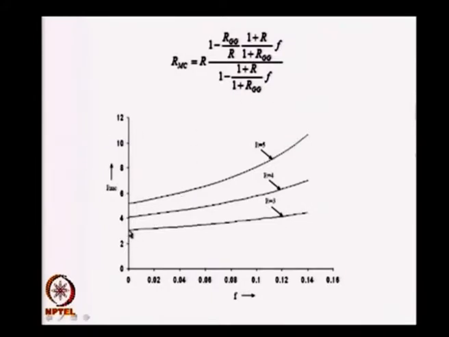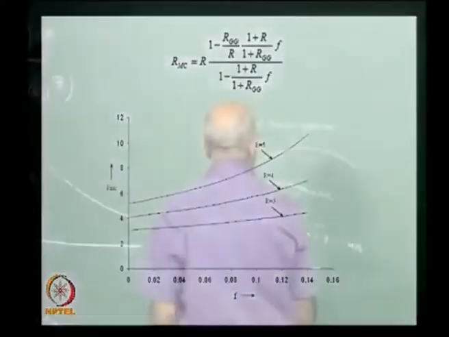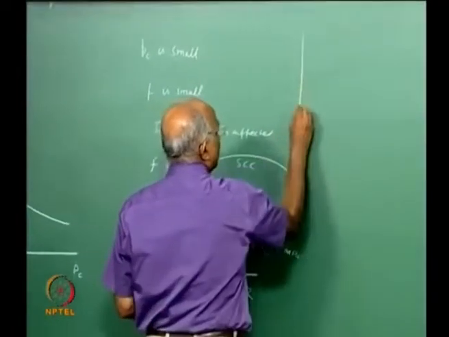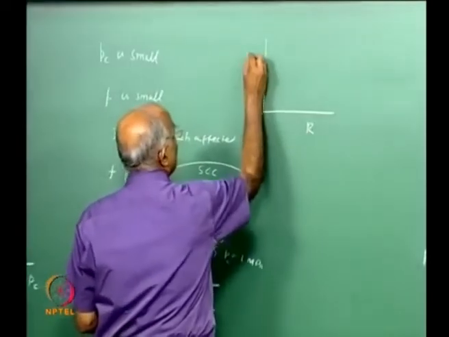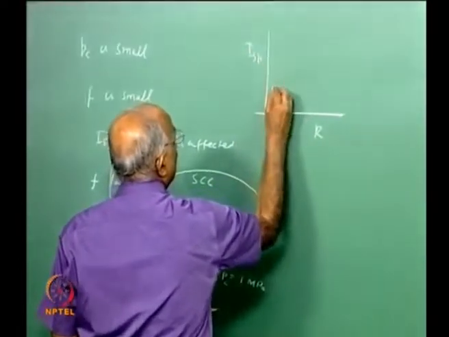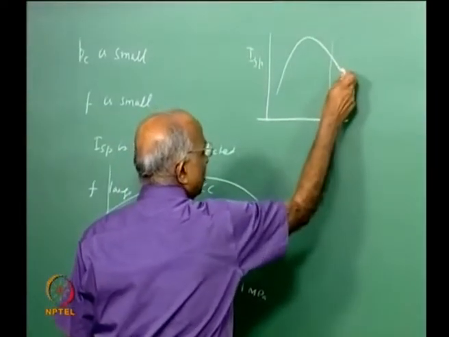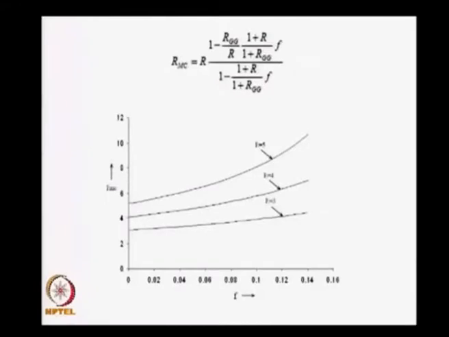That means when F is equal to 0 I regain my solution, but as F increases the mixture ratio in the main chamber keeps increasing, and if it increases to a very large value, you come to a situation wherein you start operating the engine. In other words, what we just now told you was R versus the specific impulse or C star goes like this. We start operating at these low values, and that is why the specific impulse or equivalently C star or the total performance keeps falling.